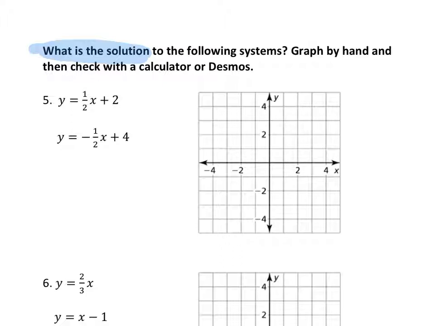This time we're going to have to give an x and y coordinate answer that explains where on that coordinate grid these two lines cross, because that's the solution. Okay, so if we look at number 5, the first equation in number 5, we need the slope and we need the y-intercept. What is the slope of number 5?